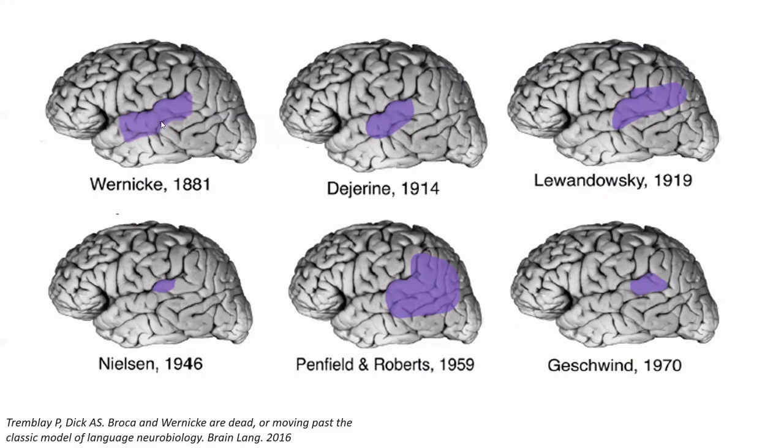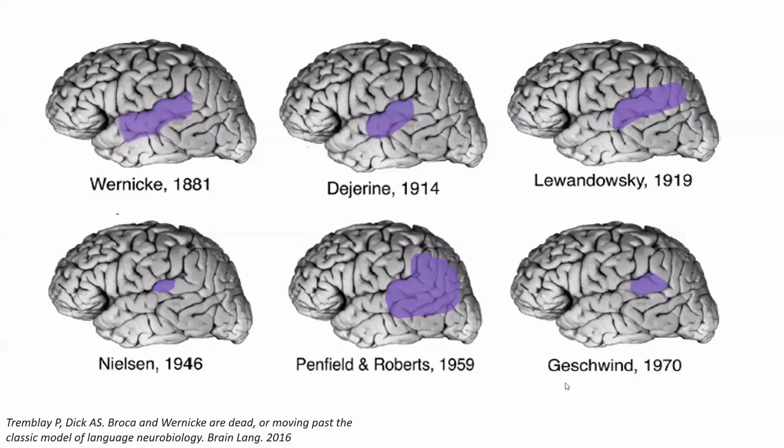So Wernicke was quite vague, somewhere in the superior temporal gyrus, and then you had other authors who were more specific, who narrowed it down a bit, like Geschwind and Nielsen. Others added parts of the parietal lobe, like Lewandowsky and Penfield and Roberts.